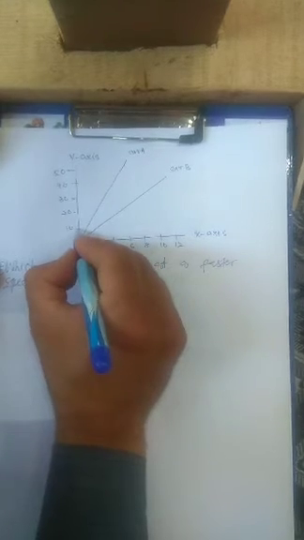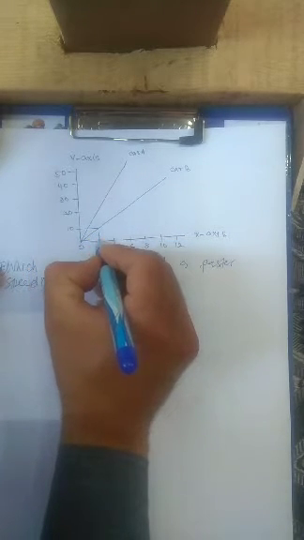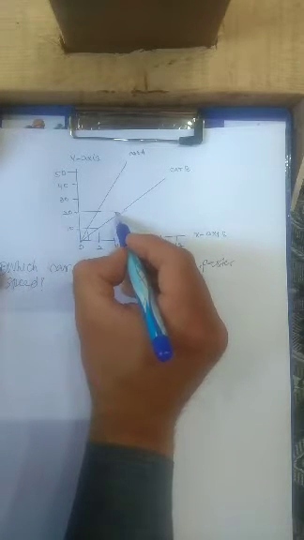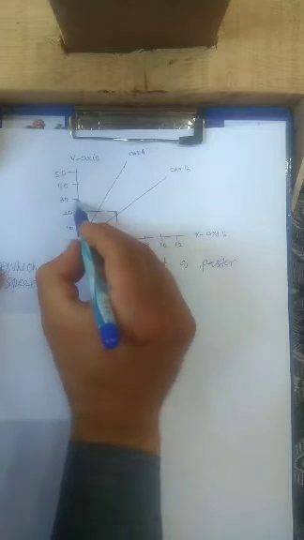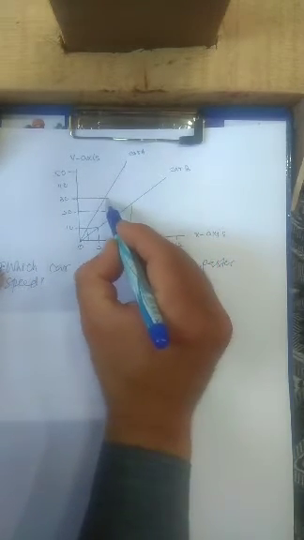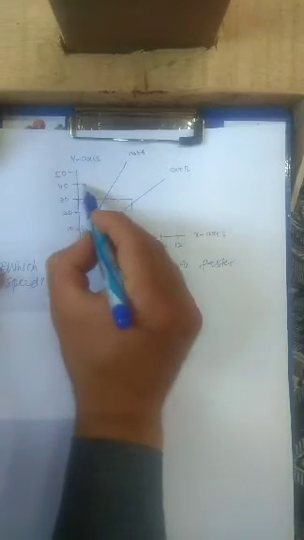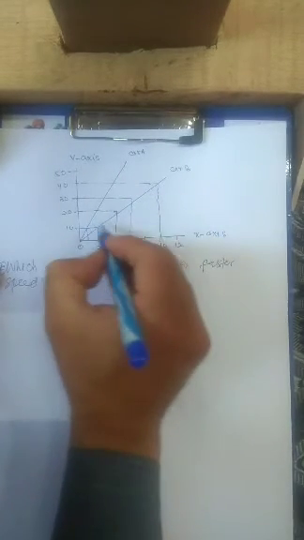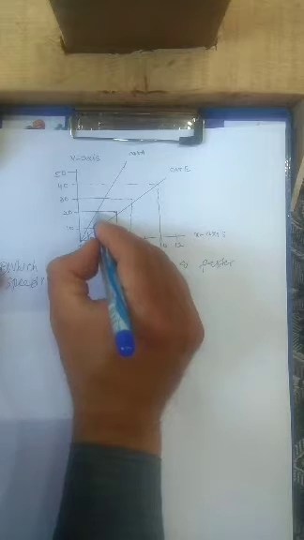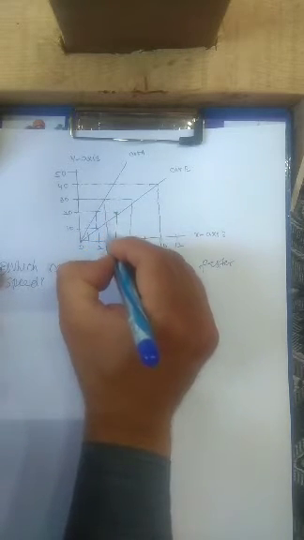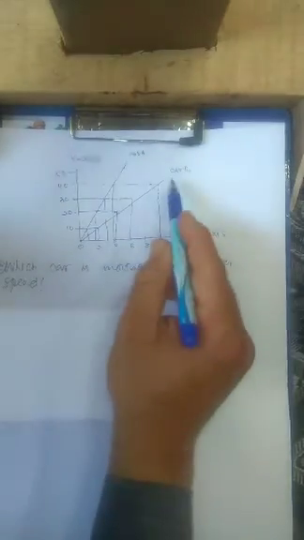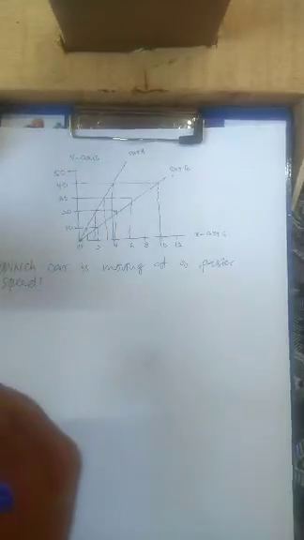Which car among these two is moving at a faster speed? When we join these two, look at this, the car A. I have already told you about slope.